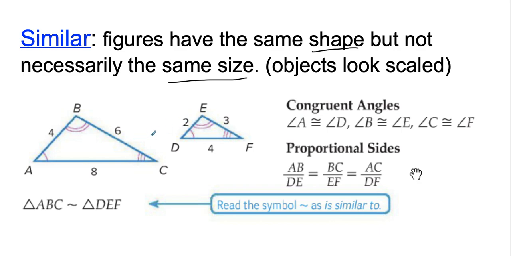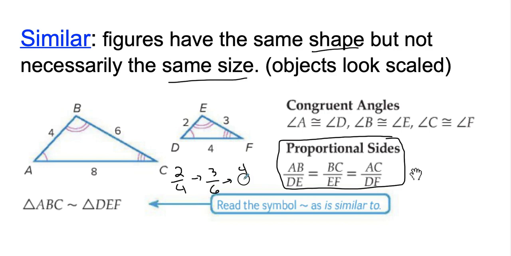So what we can do with similar shapes is we can make proportionalities here. We can write out fractions to show that they are proportional. So I would do 2 to 4, 3 to 6, and 4 to 8. So those are all equivalent fractions. So this is the half, this is the half, this is the half. Okay? If we can do that and everything checks out, then they're similar shapes.